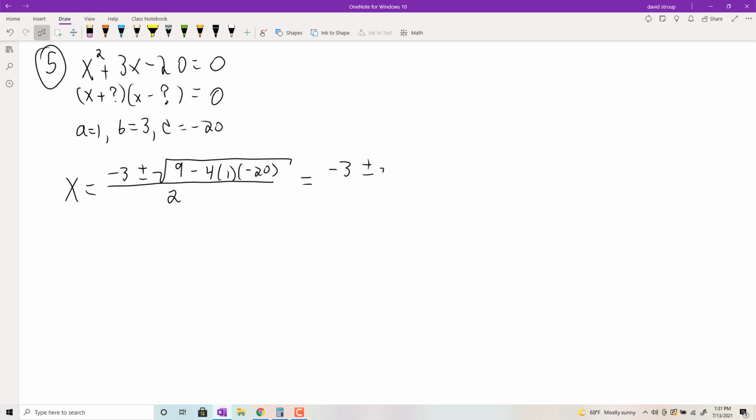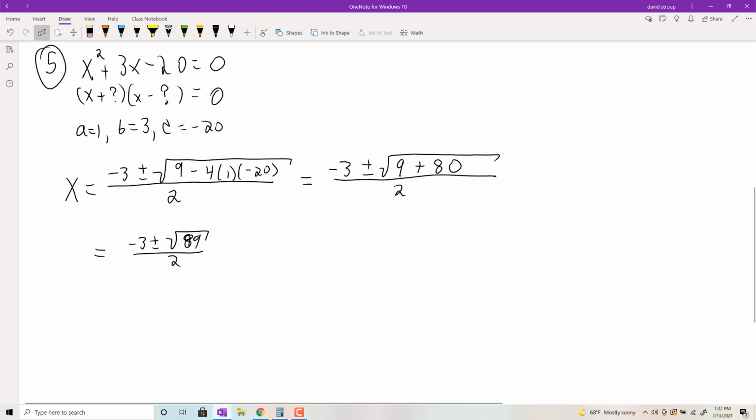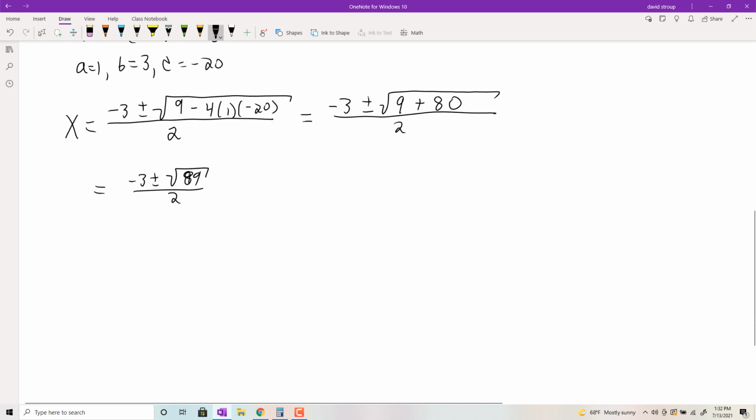Negative 3 plus or minus the square root of 9 plus 4 times 20 is 80, and it'll be positive 80 over 2. This would be 89, sorry. And that would be it. Okay, so that's why we do it, because we wouldn't be able to do it via factoring. Okay, let's keep looking at a couple of these.